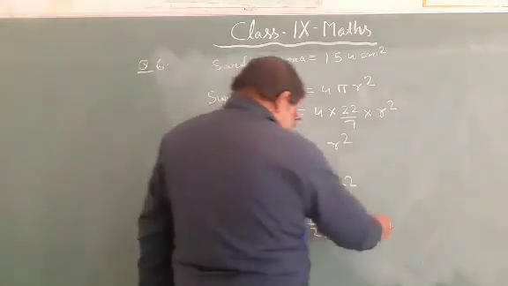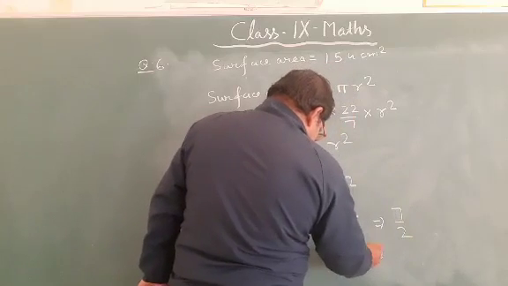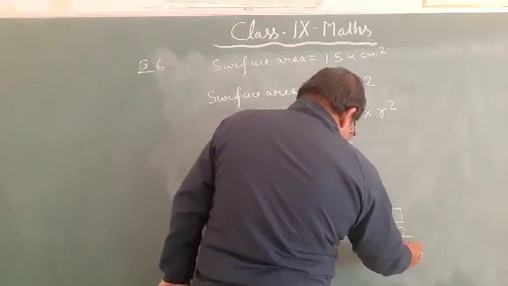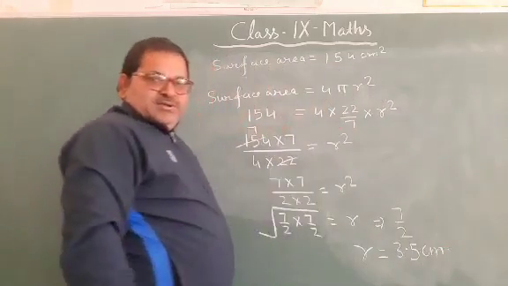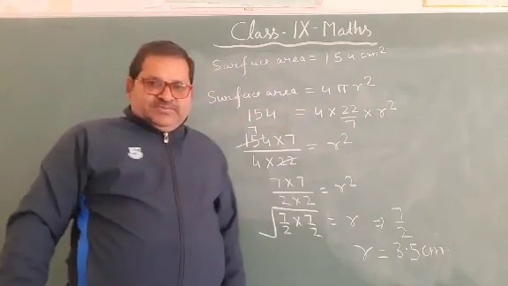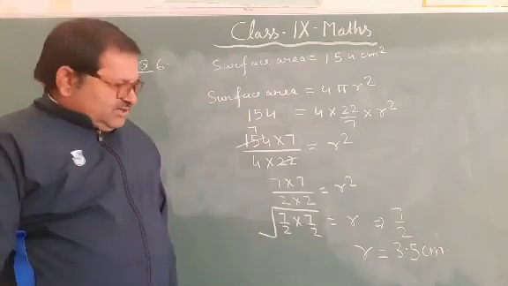So r is equal to 7 by 2 and r is equal to 3.5 centimeter. 3.5 centimeter is the radius of the sphere.